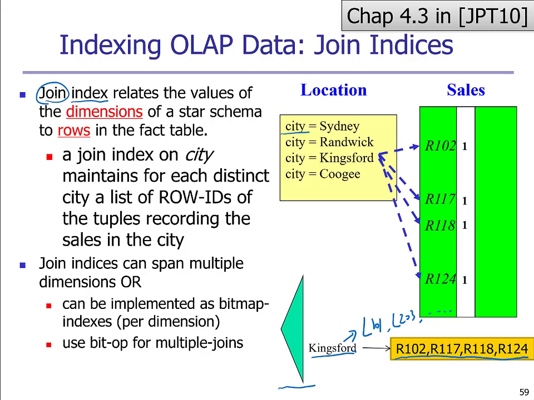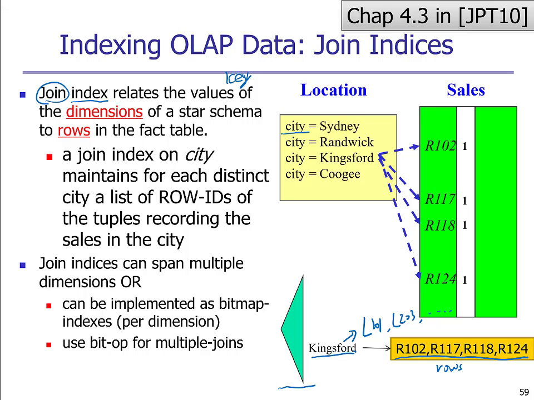Therefore, join index relates the values of the dimensions, so these are the keys of a star schema, to rows in the fact table.